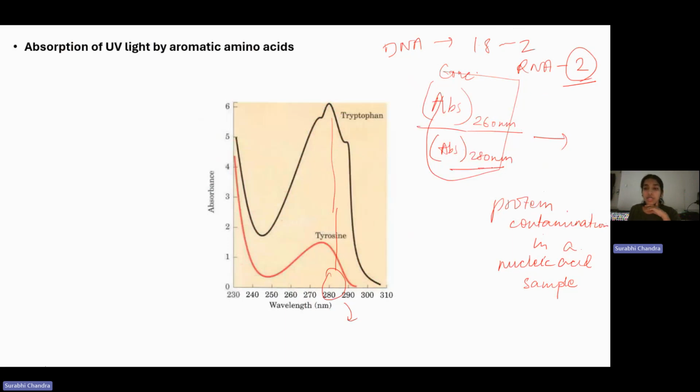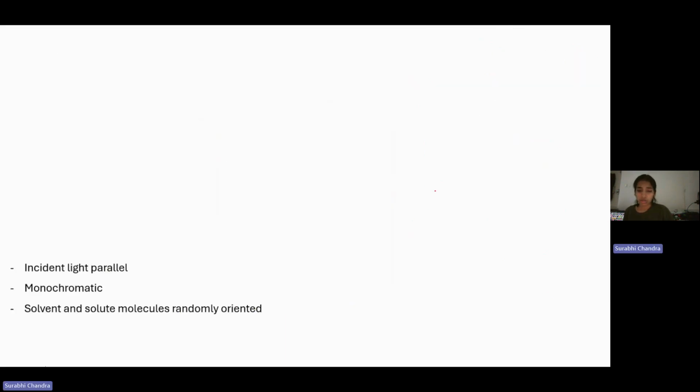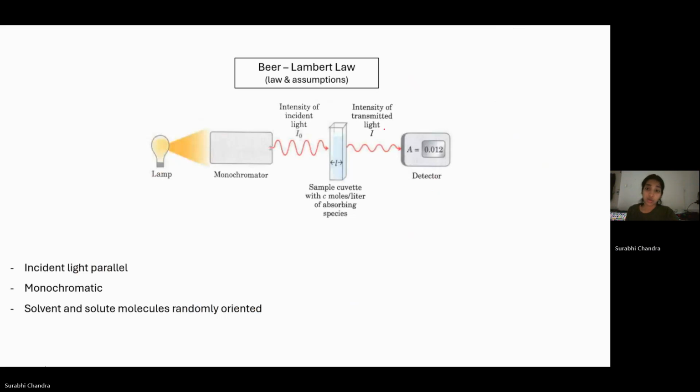At 280 nanometer we measure the absorption of proteins, basically due to the presence of amino acid residues with aromatic side chains. Now, when we are talking about absorbance and absorption of light, we have the Beer-Lambert law.